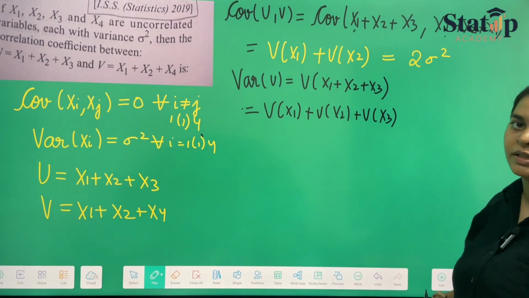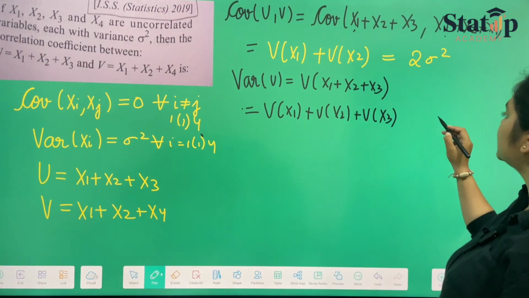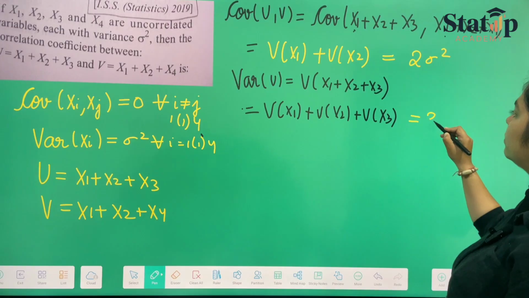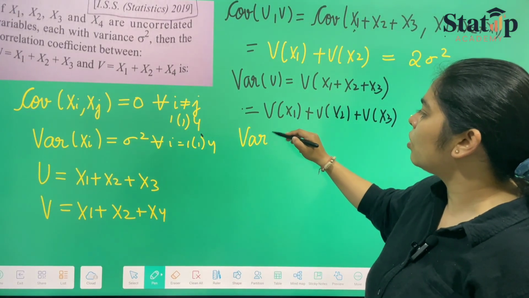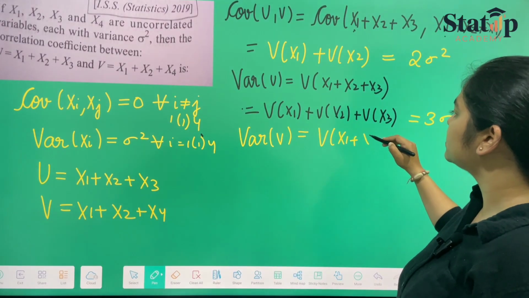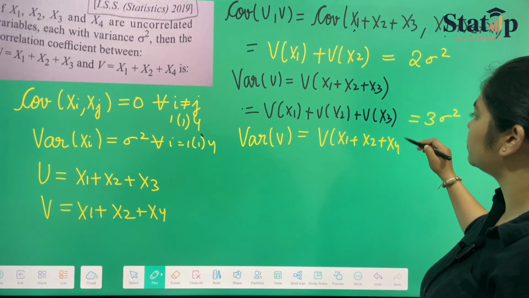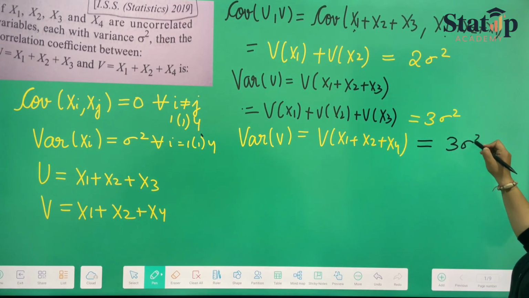But all the covariances are 0, so I'm not writing that. So the variances are all going to be the same, and these are 3 terms, so it will be 3 sigma square. And similarly, variance of v will be equal to variance of x1 plus variance of x2 plus variance of x4. And when we open it, it will also be 3 sigma square.